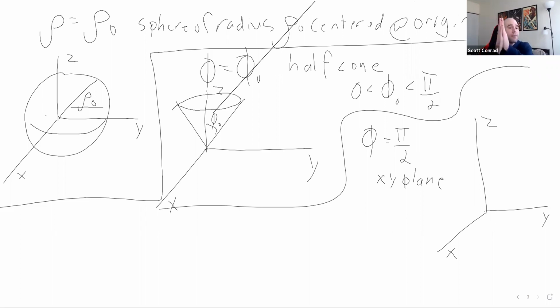So think of phi as phi equals 0 starting at the positive z-axis, and as phi increases, you're opening up a cone, right? And as we get to phi equals pi over 2, now you've opened up flat, and you're on the xy plane. And then as we get bigger than pi over 2, this one we don't do as often.